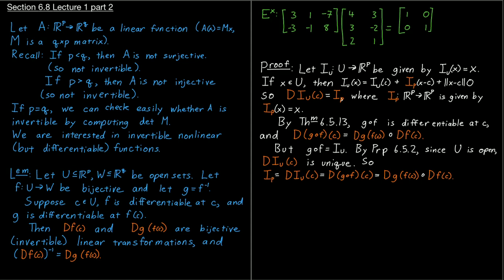And then we can make a very similar argument to see that I sub q, the q by q identity matrix, is Df of g of f of c, which is just the same as Df of c composed with Dg of f of c.